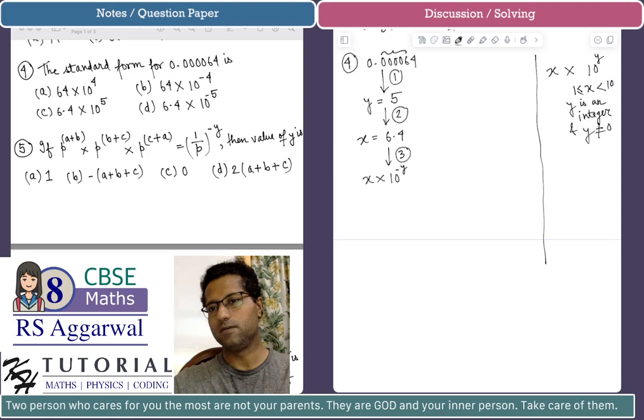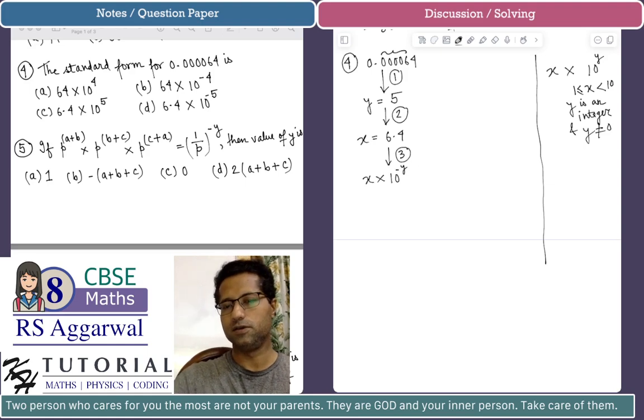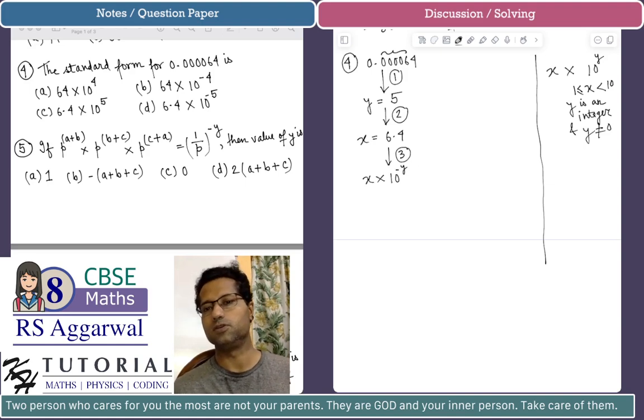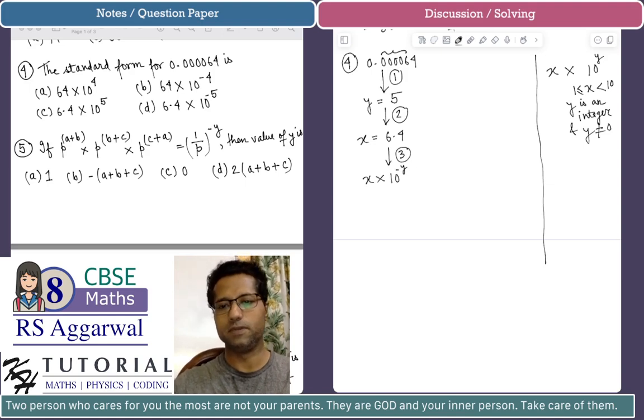In that y, please note that y is an integer, so it could be a positive integer or a negative integer. Usually it is not 0. For expressing a very small number, the y will be negative, and for expressing a very large number, the y will be positive. So since we are expressing a very small positive number, the y will be negative.